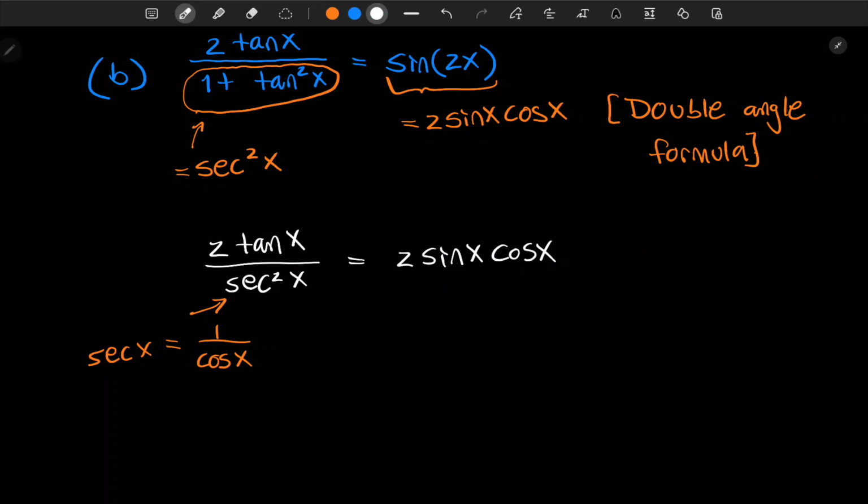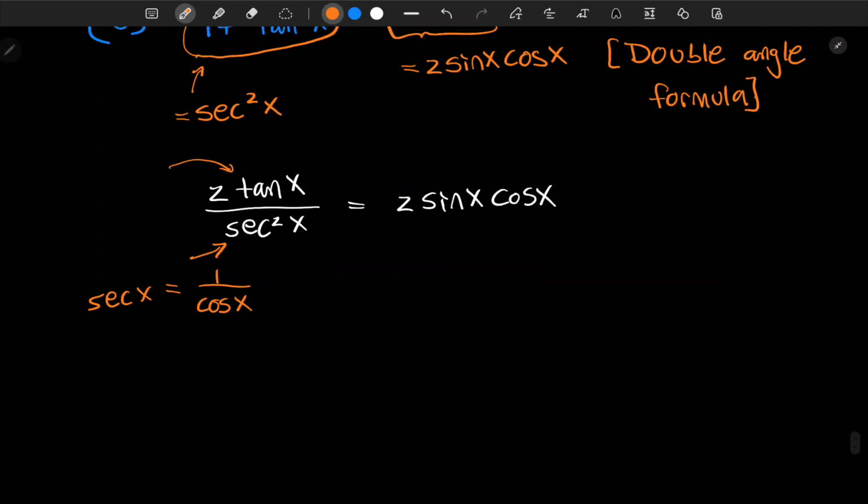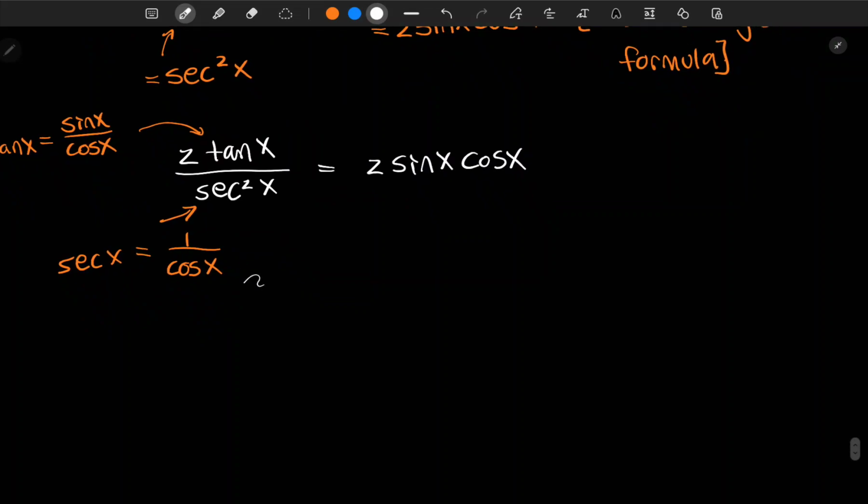So, using that identity in combination with the identity that tangent x is equal to sine x over cosine x, the left-hand side becomes 2 times sine x over cosine x divided by secant squared x.